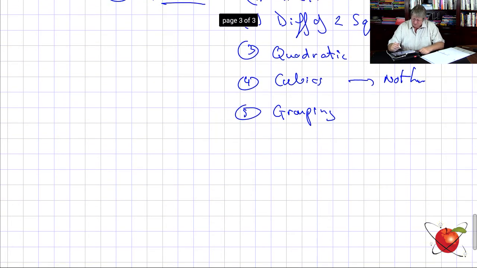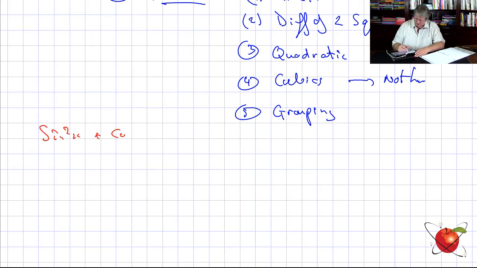Now, in this process of factorizing, you're going to see especially numbers 1, 2, and 3. But bear in mind, I'm going to put this in red: sine squared x plus cos squared x is equal to 1.